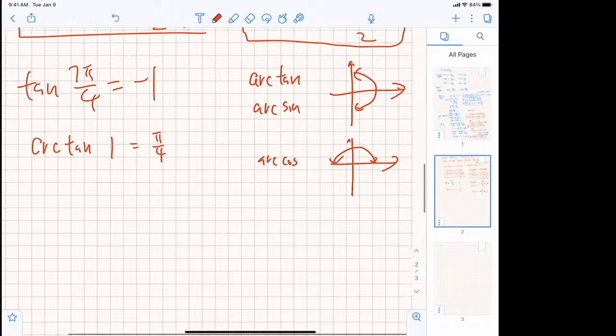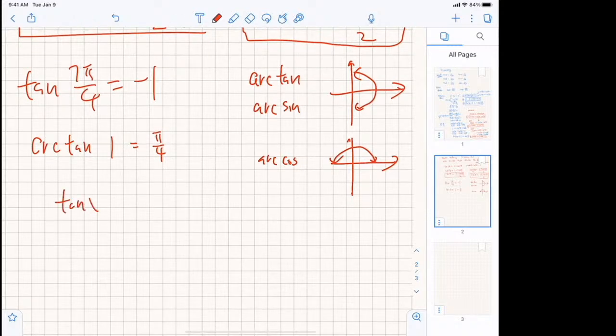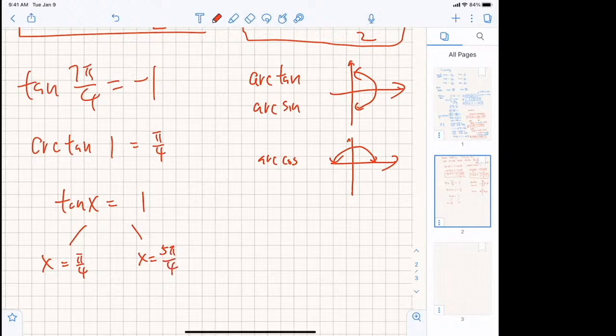For example, if I were to say tangent of x is equal to 1, then you could tell me x is equal to π/4 and x equal to 5π/4. But if I ask you arctan of 1, the answer can only be π/4.